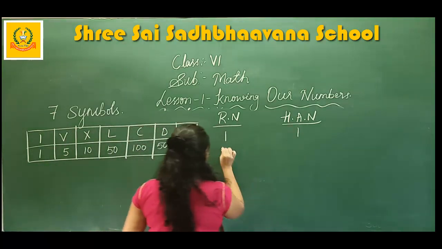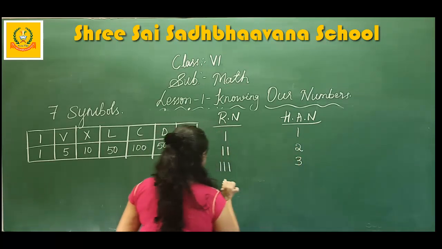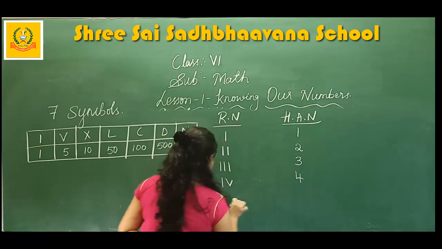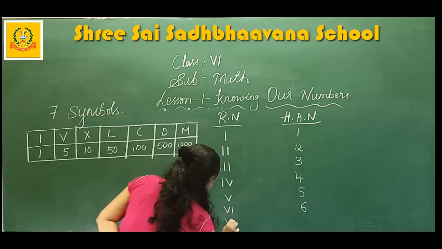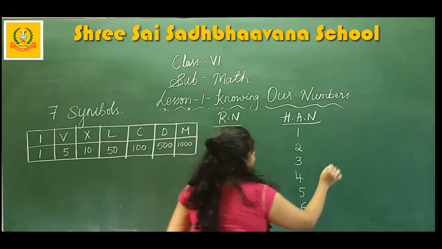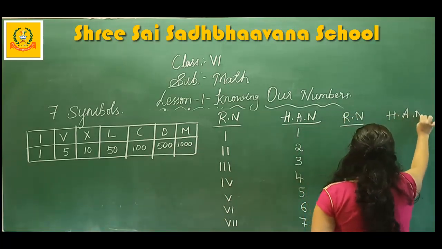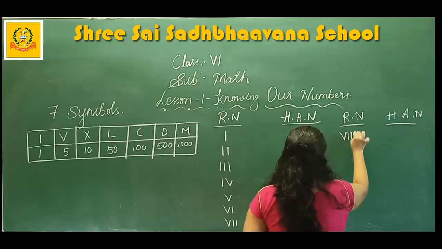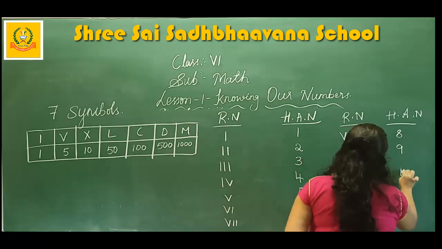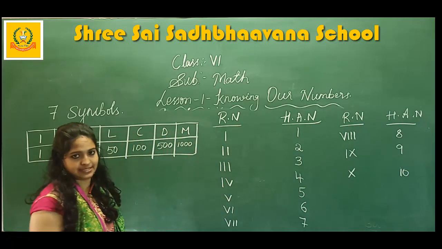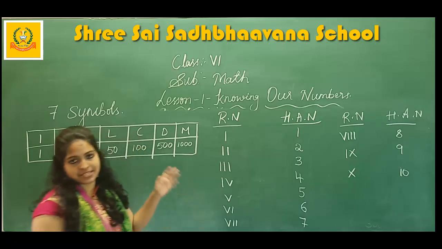I means 1, II 2, III 3, IV 4, V 5, VI 6, VII 7, VIII 8, IX 9, X is 10. These are the basic Roman numerals, 1 to 10. You must know this.